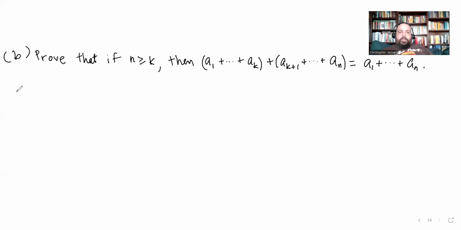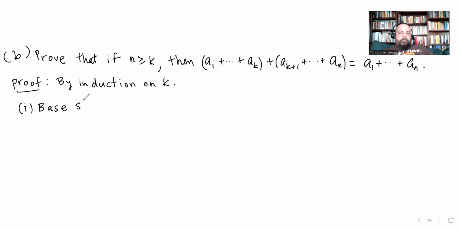Okay, and again, we're going to use induction for this, so the proof is by induction on K. Right, so our base step, again, we start with K equals 1.